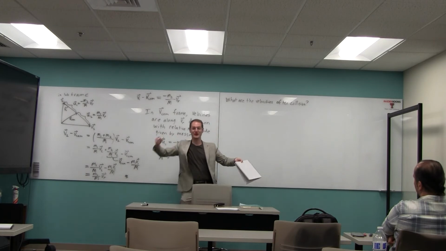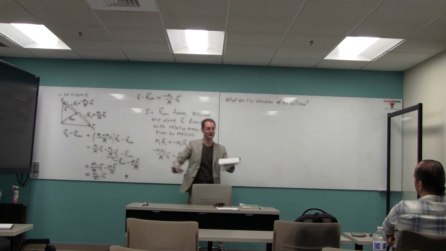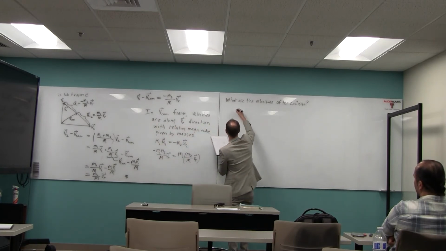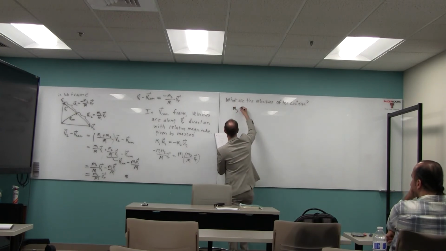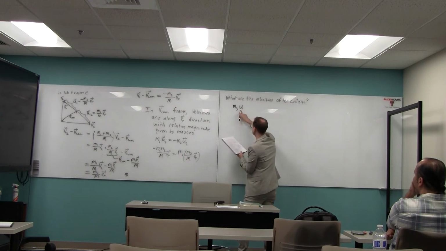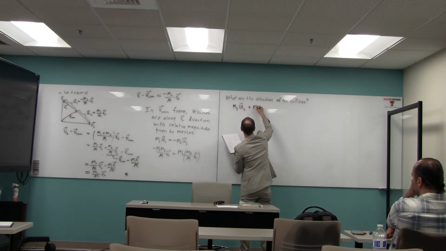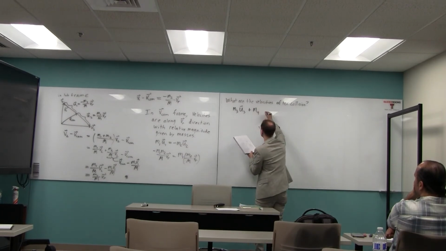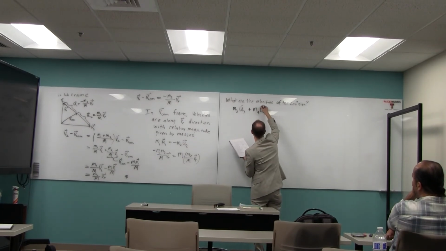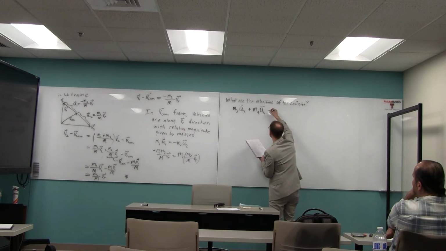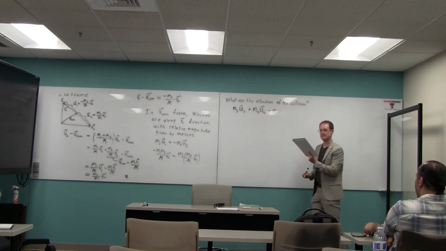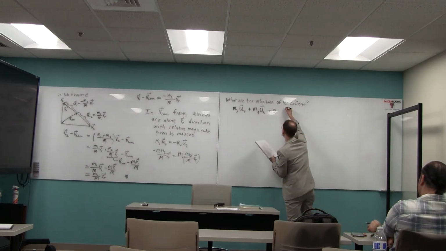You could be transferring an atom from one molecule to the other, for example. So after the collision, if you have a mass m3 and a center of mass frame velocity u3, then m3 u3 plus the mass of the other particle m4 u4, right, times its center of mass velocity, this has to be 0. Right, this is conservation of momentum.